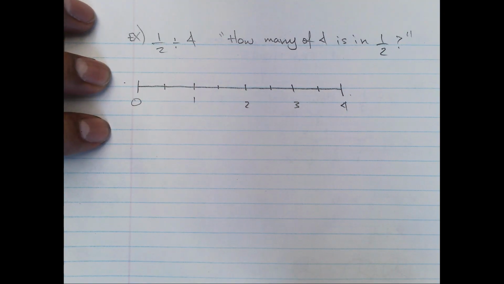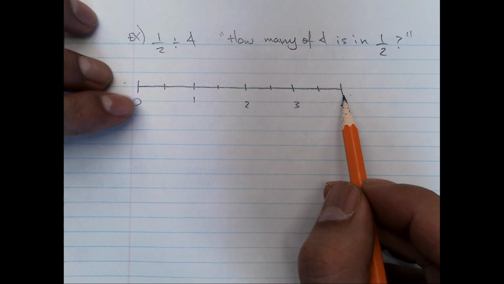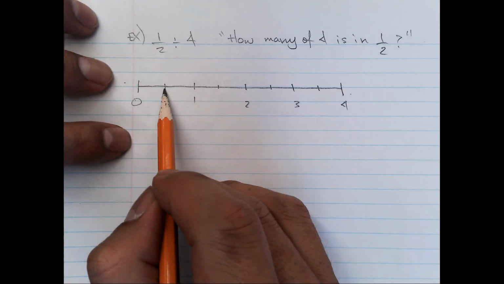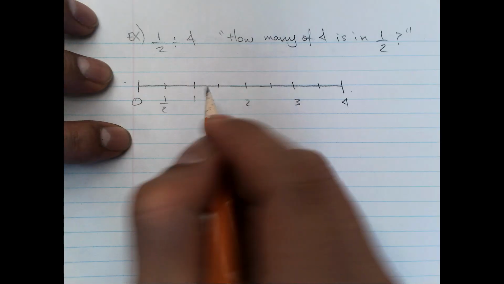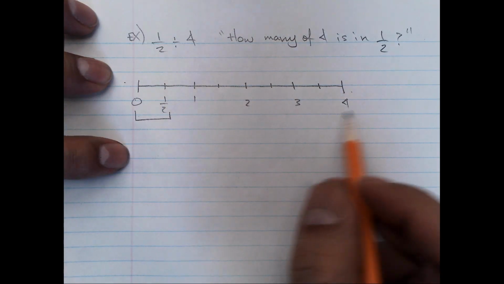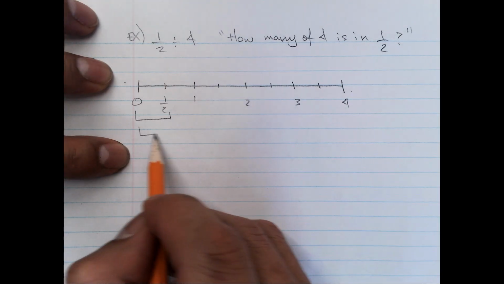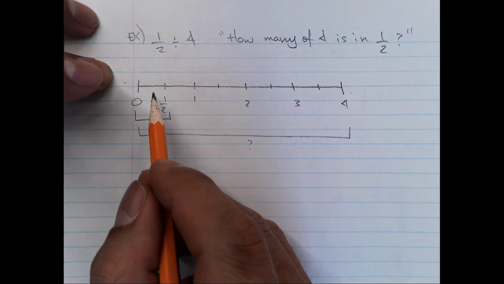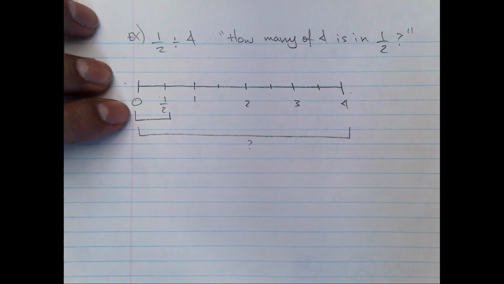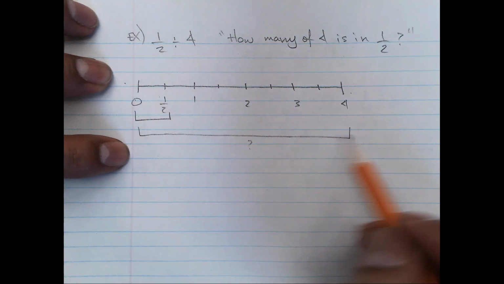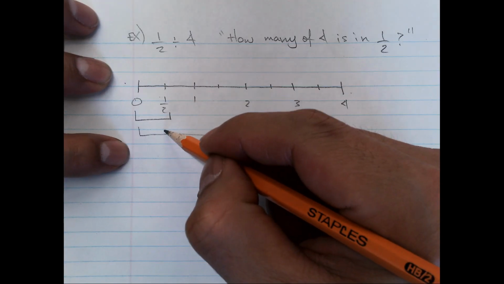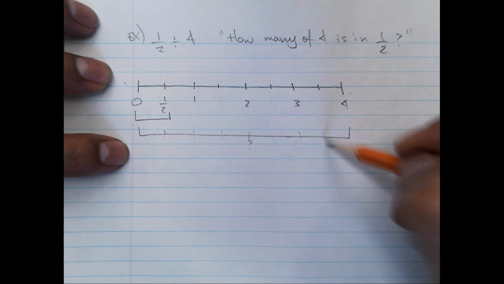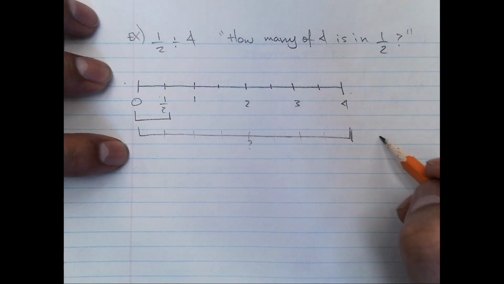And it's asking how much of this 4 is in this half, because this is our half right here. And it's asking how much of this whole thing can actually fit in there. Well, if you look at this carefully, this whole thing is made up of 1, 2, 3, 4, 5, 6, 7, 8 halves.